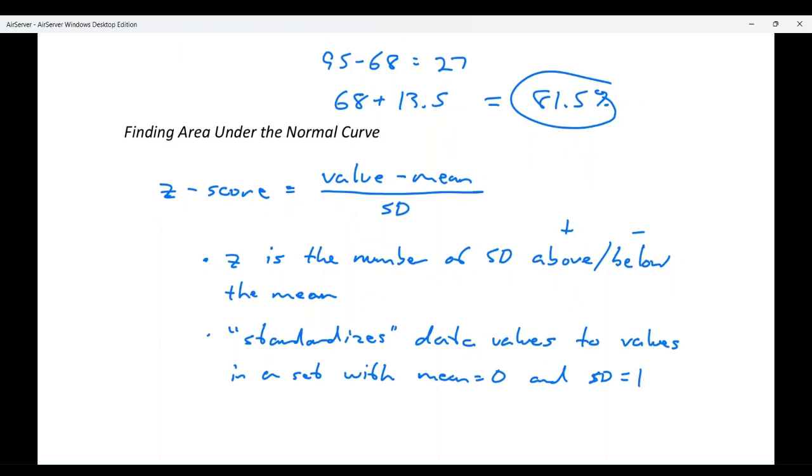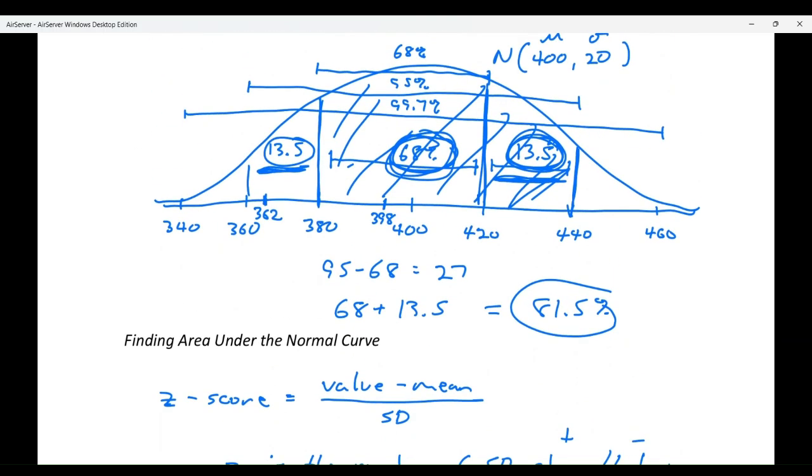I won't get into all the mathematics, but think about this quickly. If I take all the values of a data set, take our dolphins, for example, with a mean of 400, I'm going to subtract 400 from all the values. That means my mean reduces by 400 and now becomes 0. Then I divide all of those values by the standard deviation.